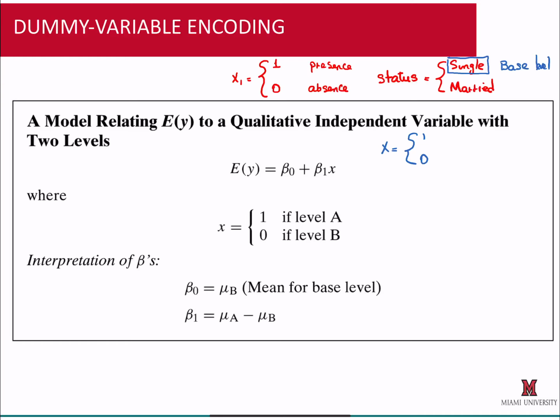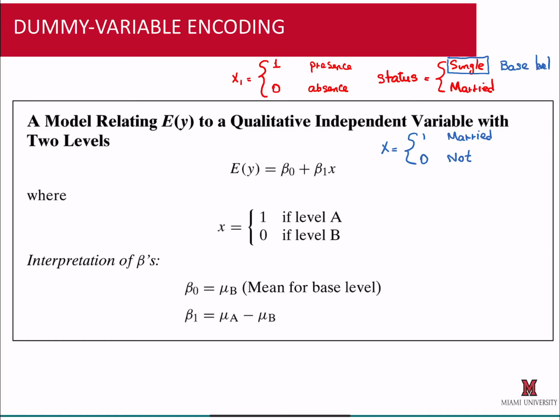And we're going to say x is equal to 1 if equal to that level, married. And generally, the 0 will be everything else. If we have only a binary variable like status, it will have to be single. It can't be anything else. It can't be something other than single. But in the case that we have more than one level left, then it will be anything other than married. So in this case, let's say for now, not married.